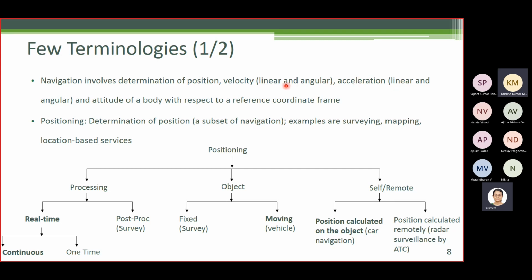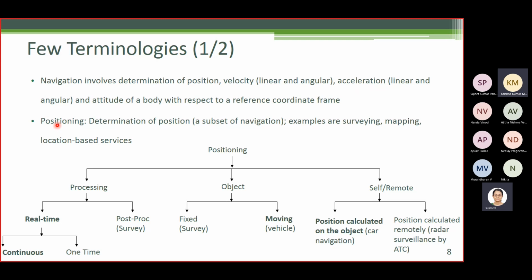Depending on what sensor or navigation system you are using, you may or may not get both linear and angular. Then attitude, which is the orientation of a body with respect to a reference coordinate frame.